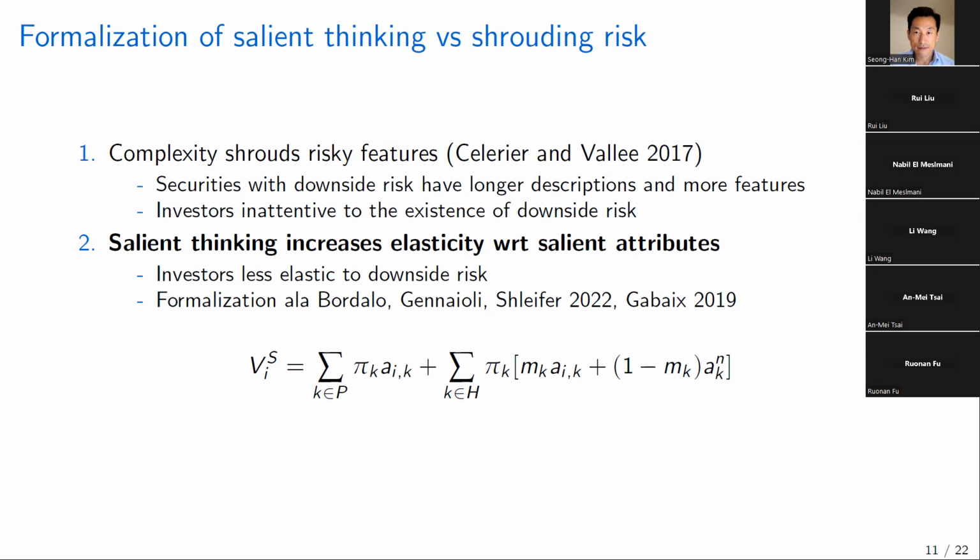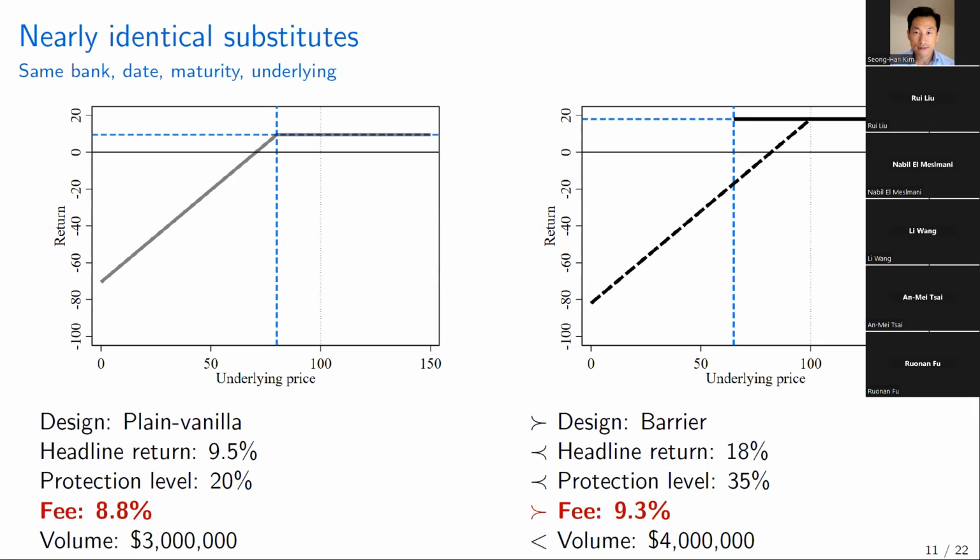Okay, if there are no more questions, let me get back to the investor's choice. How do I think about the investor's choice in this context, and what do I observe in the data? If investors are contrasting these two securities, the plain vanilla design and the more complex one, they would need to apply this option pricing exercise. They would need to take some pricing model, take some pricing inputs, and quantify the impact of these additional features on the expected return or the fair value of the security.